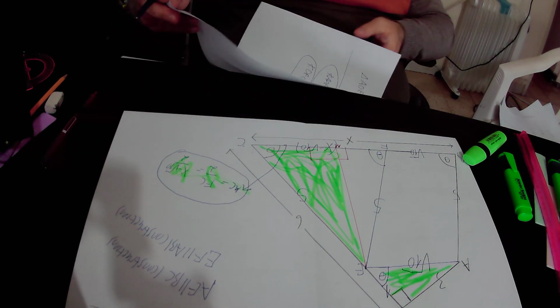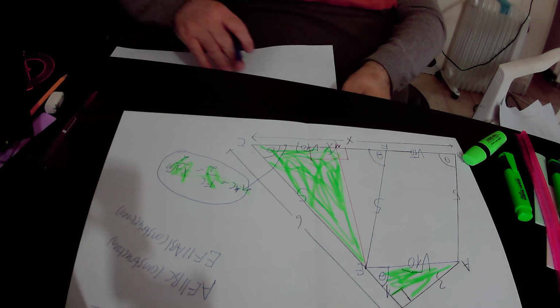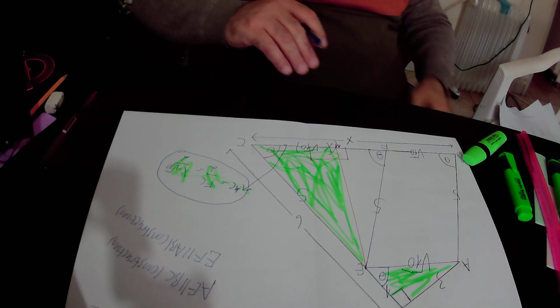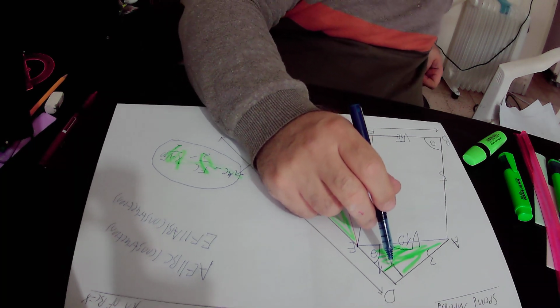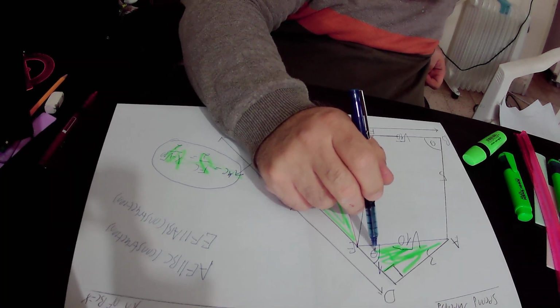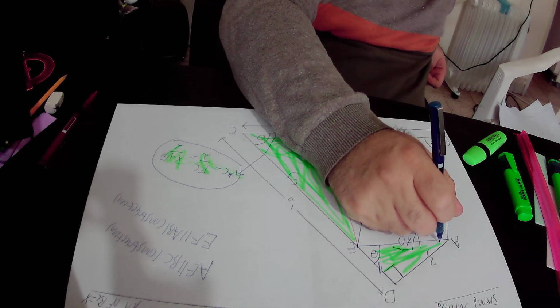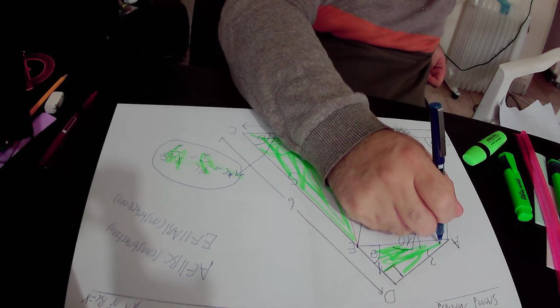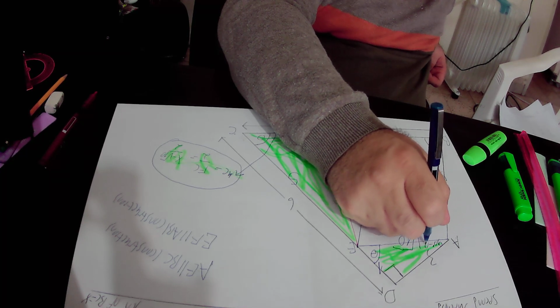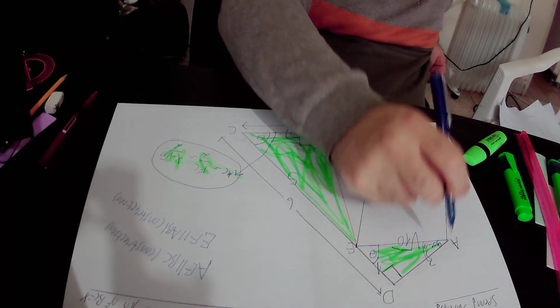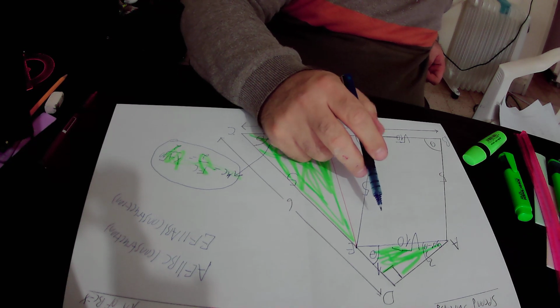Finally, in triangle ADE, this green right triangle, this angle equals 90 degrees, this angle equals theta. So this angle must be equal to 90 degrees minus theta in order to complete the sum of the angles in this right triangle to 180 degrees. Why?